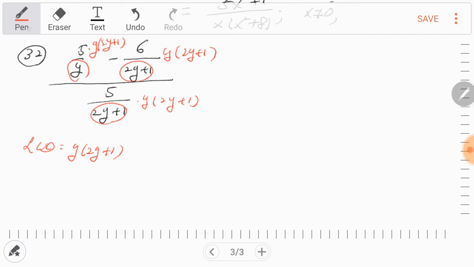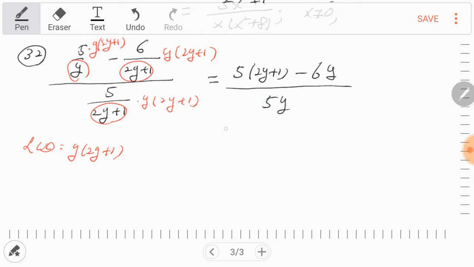Okay, then this is equal to, y cancels out, so y times 2y plus 1 minus, 2y plus 1 cancels out, so we have 2y only, 6y. And from this denominator, 2y plus 1 cancels out. So we have 5y.